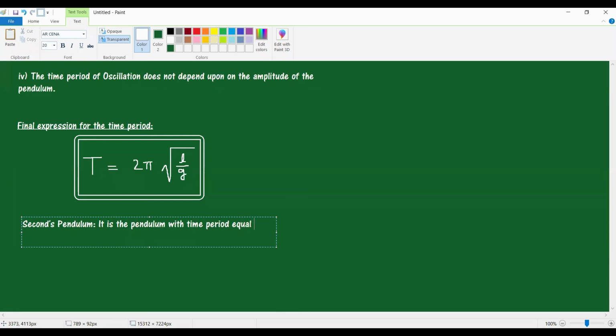Clear? So my question is, what must be the effective length of a seconds pendulum if acceleration due to gravity is 9.8 meter per second square at equator? This is the homework you have to do.